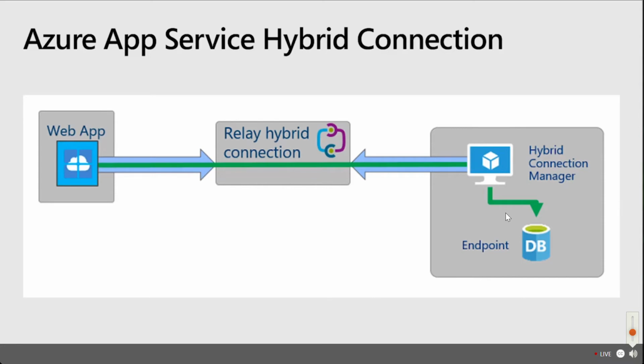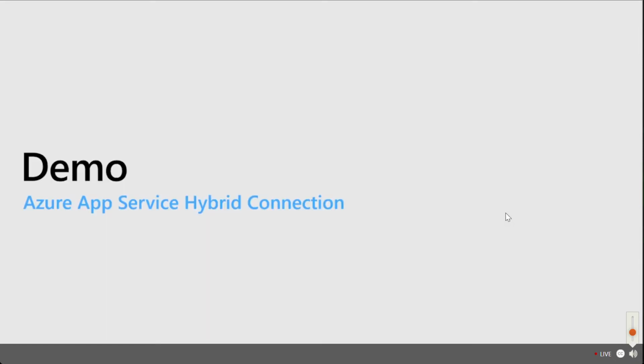For example, you can then configure Hybrid Connection Manager to connect through to the endpoint, such as a database. So what I'll do now is show you a demo of setting up Azure App Service Hybrid Connection to configure a connection between a web app running in Azure and a database running on a VM on premises.